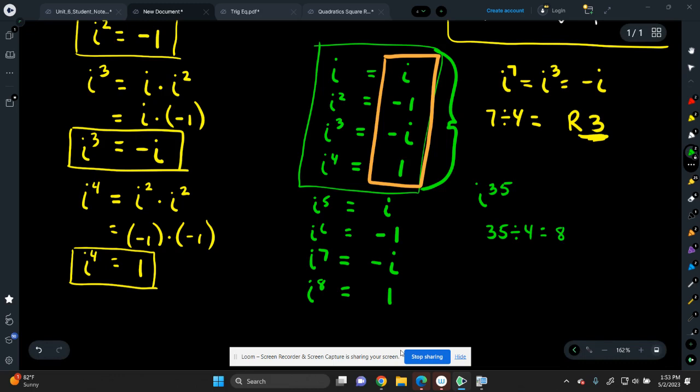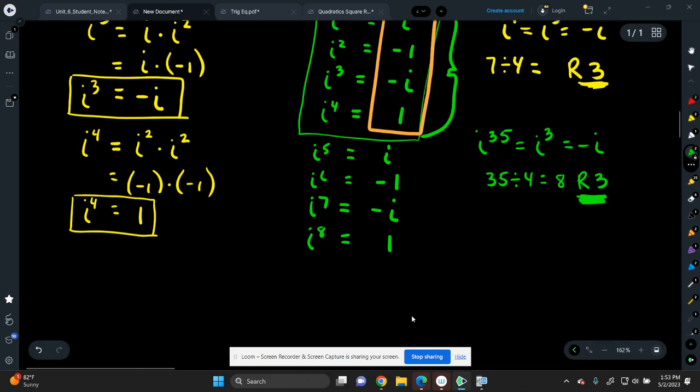So 8 with a remainder of 3. So i to the 35th is the same thing as i to the 3rd. All we care about is the remainder. And i to the 3rd is negative i. Okay. How about i to the 49th?